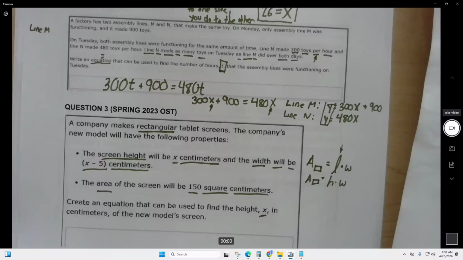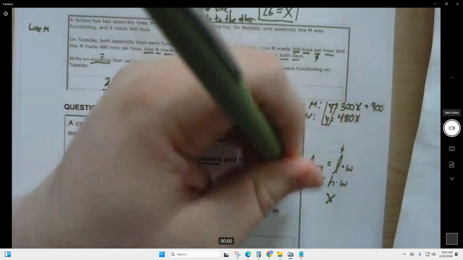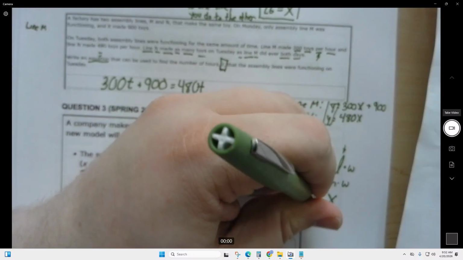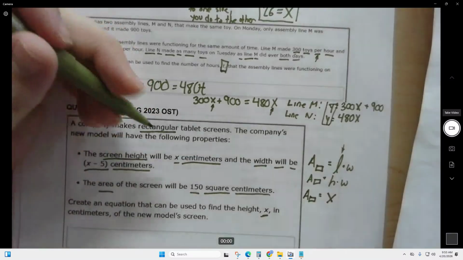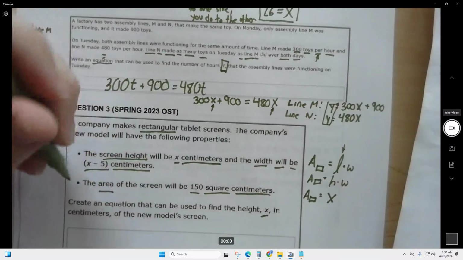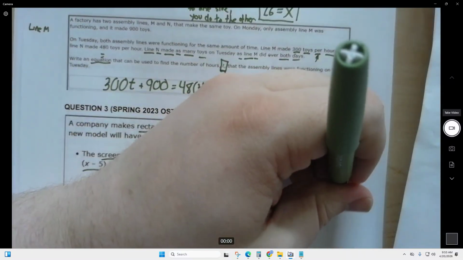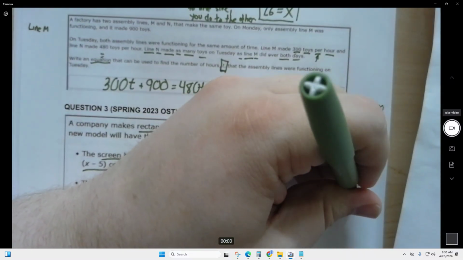But in this case, we'll use height. The screen height will be x. So the area will be x. The width is x minus 5. So this is times x minus 5.